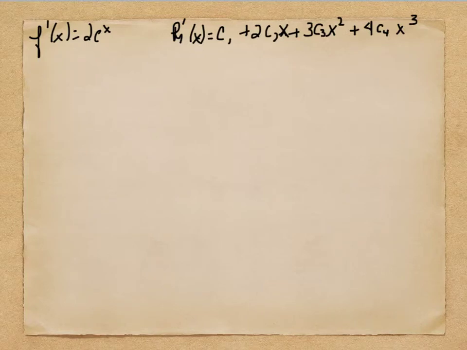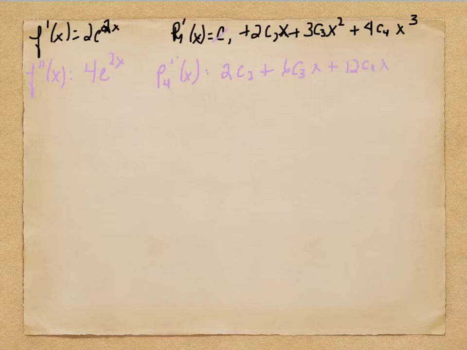Continuing on now, I can find my f double prime of x, which would be 2 e to the 2x times another 2, so that would be 4 e to the 2x. And then p4 double prime of x would be, well, c1 would go to 0, so it'd be 2 c2 plus 6 c3 x plus 12 c4 x squared.